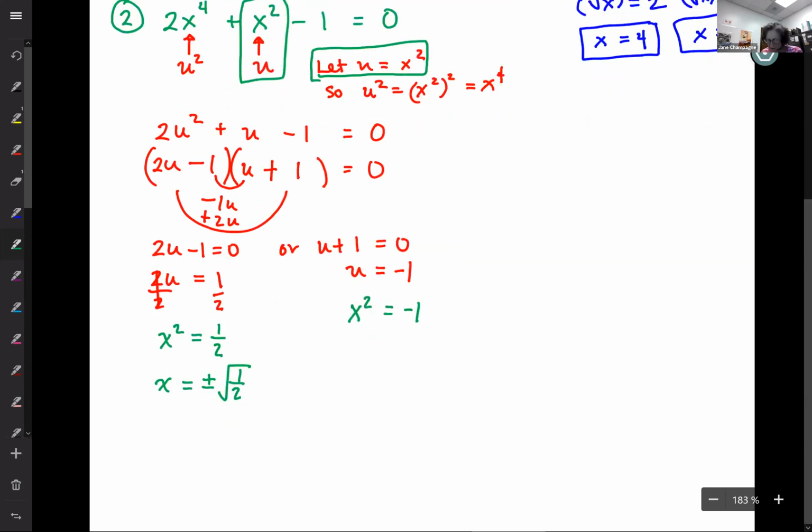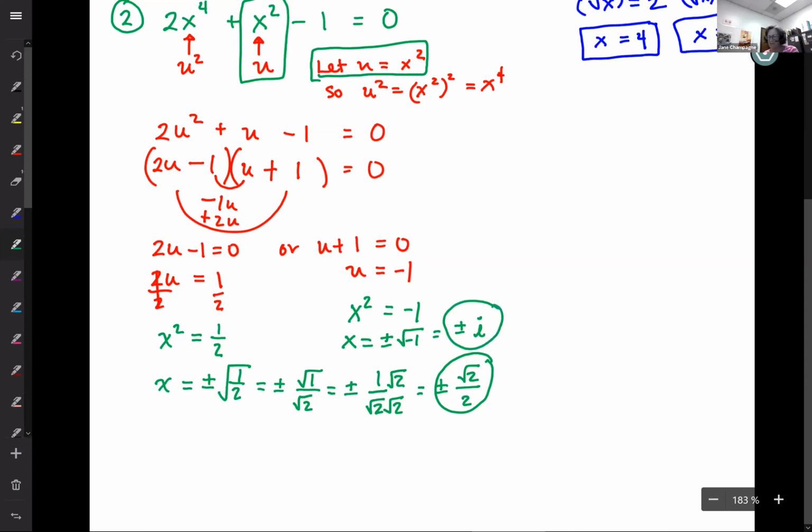Square root of 1/2, you take the square root of the top and the square root of the bottom. The square root of 1 is 1. And then we always like to rationalize denominators. So that's plus or minus √2 over 2. Those are 2 of your solutions. And then here, take plus or minus the square root of -1, which is plus or minus i.